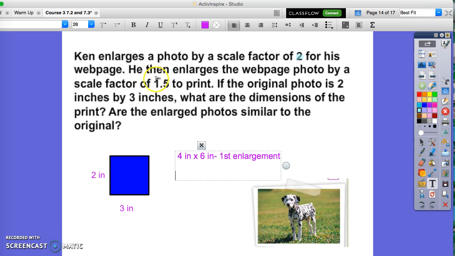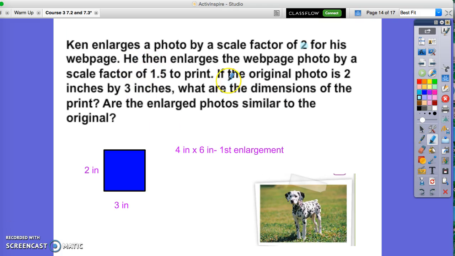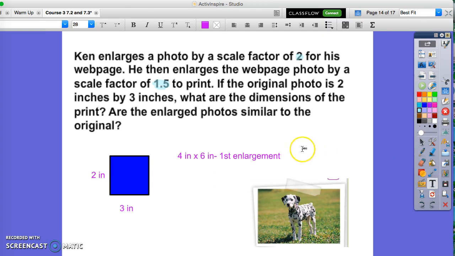Okay, then we're going to enlarge it 1.5 times. So I'm going to multiply 4 times 1.5 and 6 times 1.5. So our final answer then, 4 times 1.5, and you can use a calculator, is 6 inches by, and I want to say this is 9, but I'll double check, it's 9 inches.